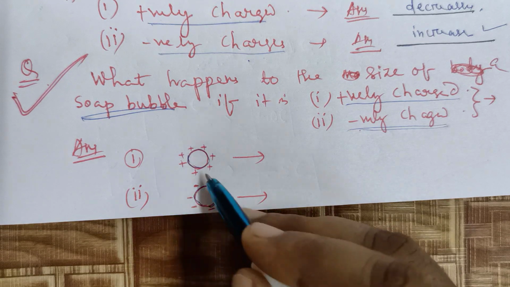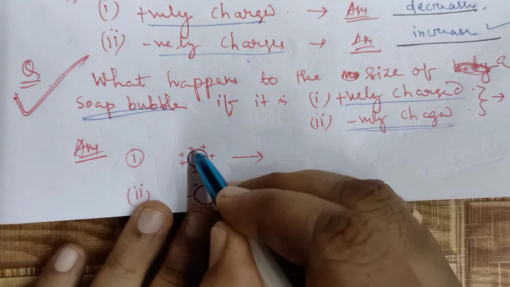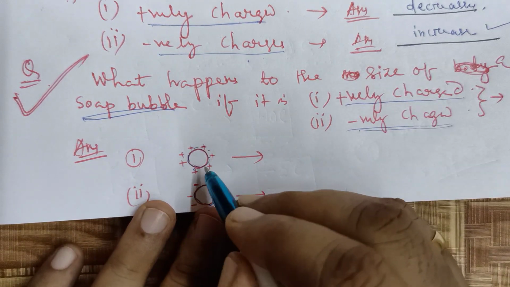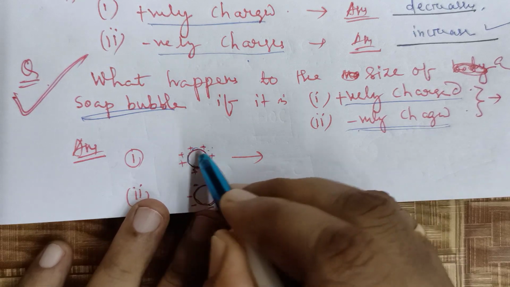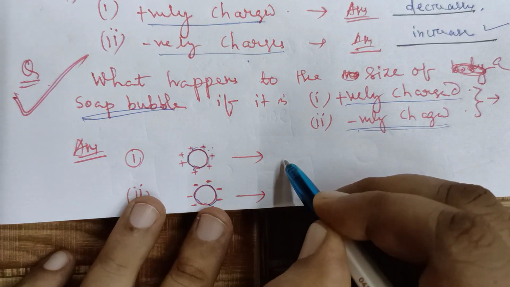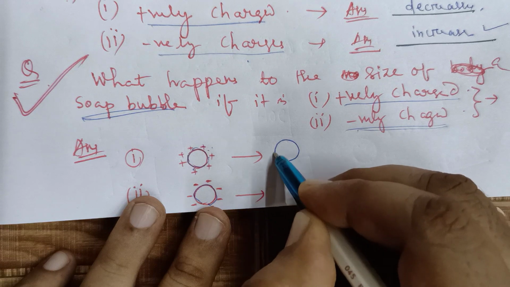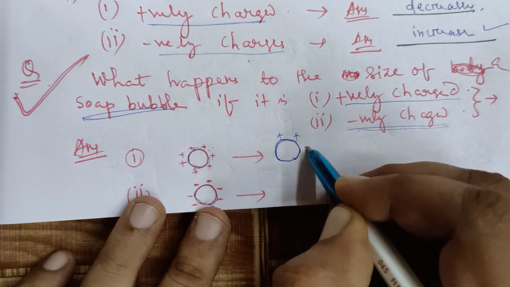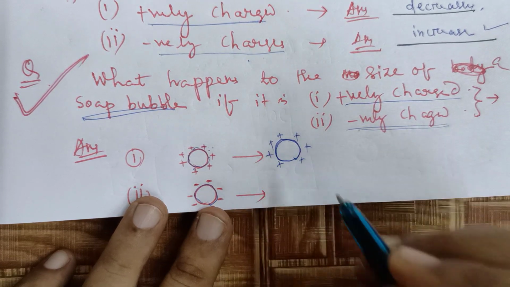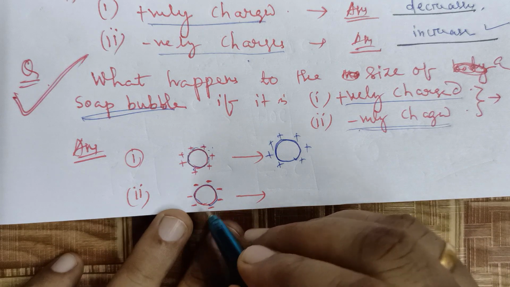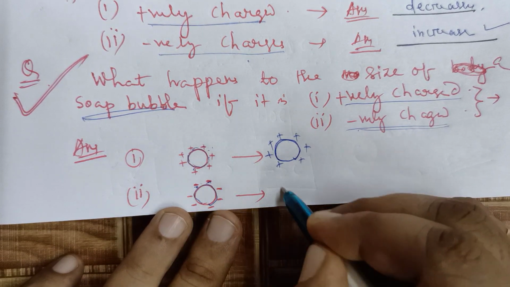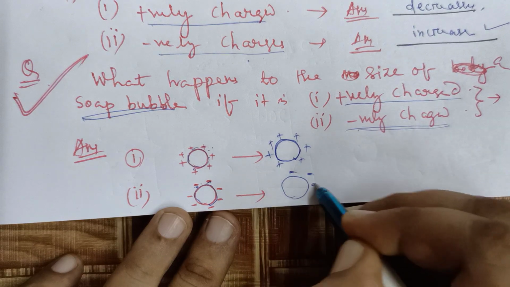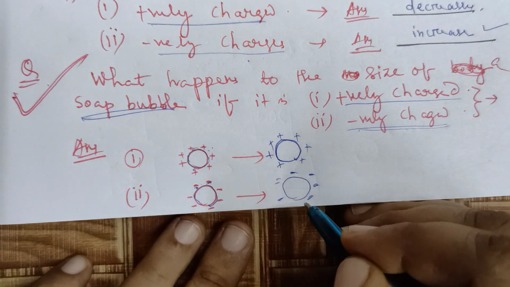But see what happens here. Positive charge is given here. Your basic principle is that like charges always repel. So positive charges will repel each other and move away from each other. So the size will increase. Similarly, with negative charge, the point charges repel each other and move apart. Here also the size increases.